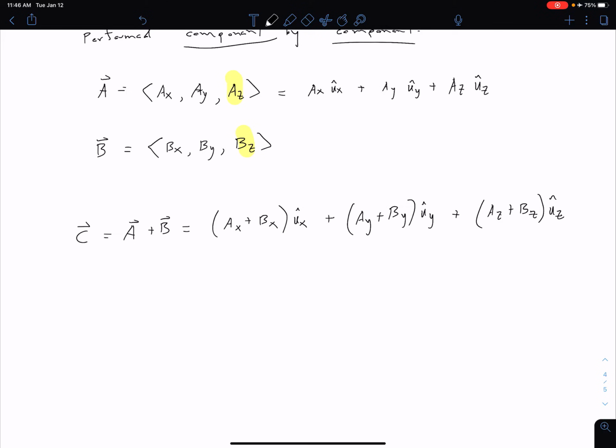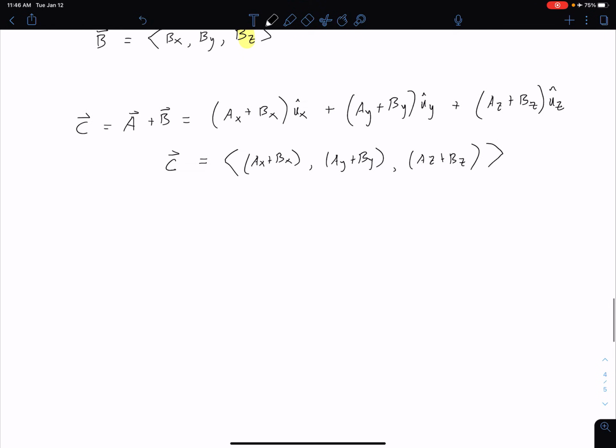Of course, we could write this C in the simplified notation with the angle brackets as well. So we could have, in angle brackets, ax plus bx, comma, ay plus by, comma, az plus bz, and then close our angle brackets. So that's how we would do our basic addition, so pretty simple.